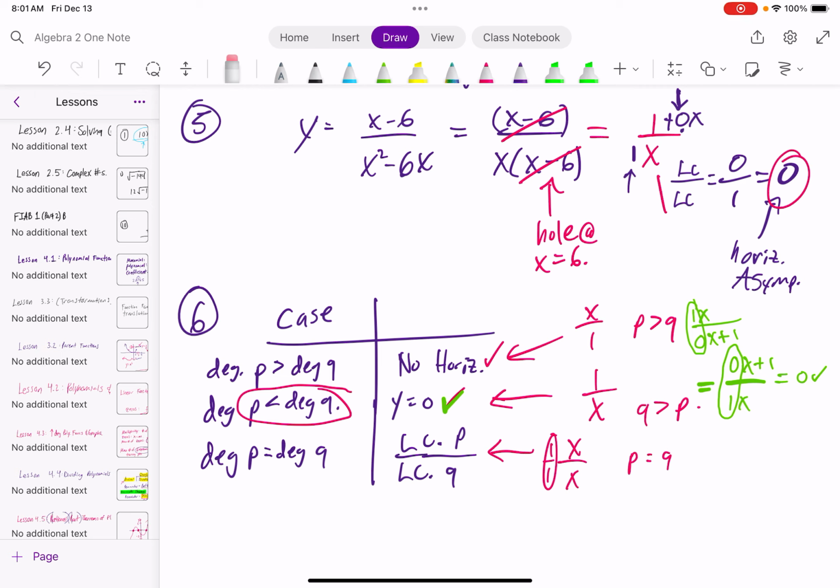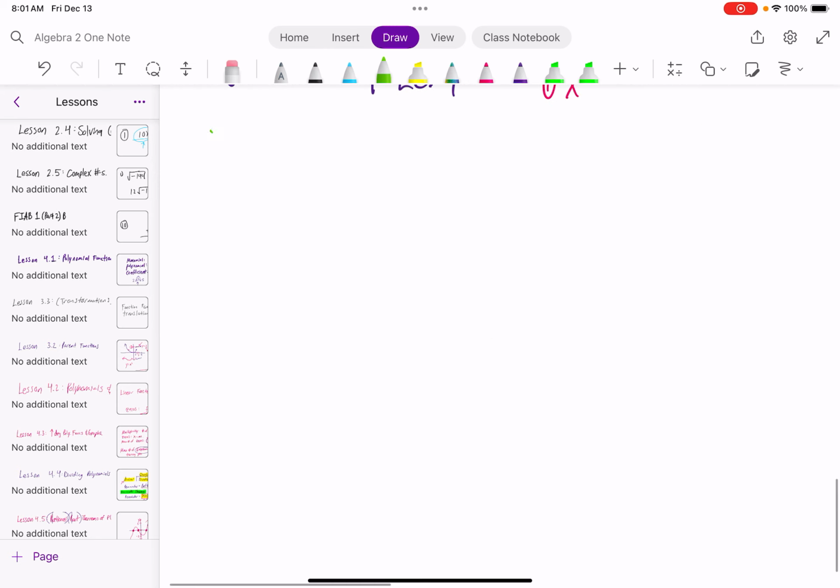So in this case, just know that if P is bigger than Q, you have none. Okay?